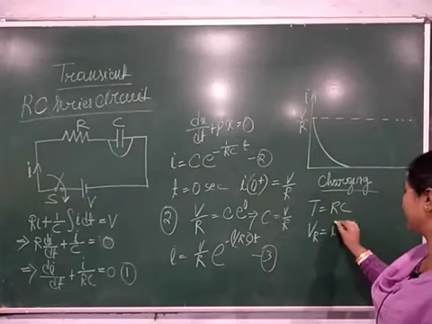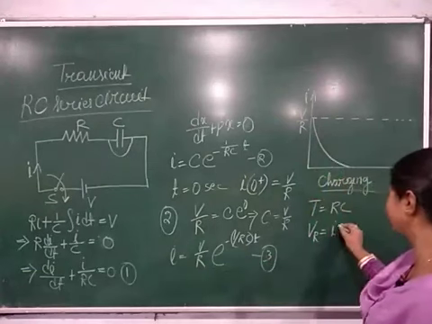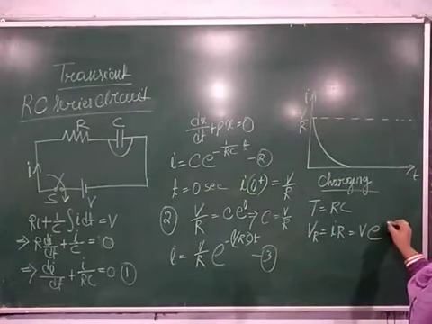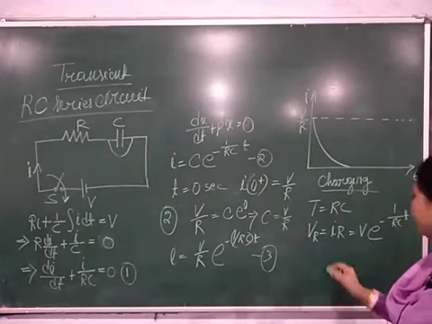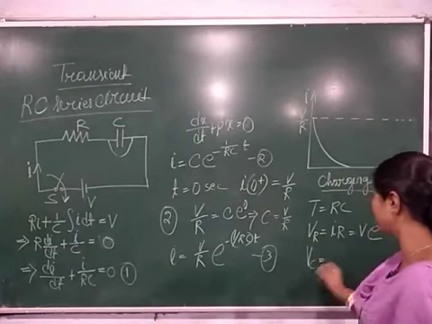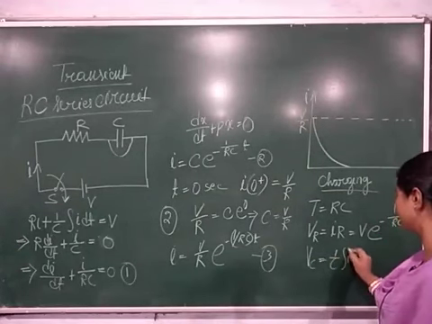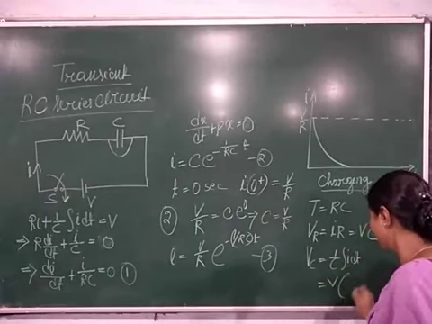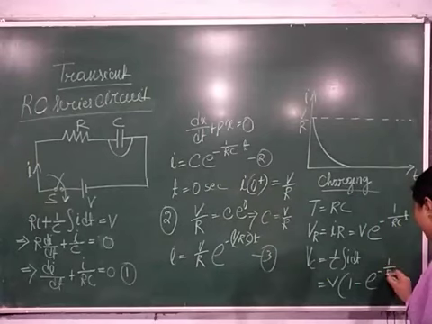It is i into resistance R, which gives V e to the power minus 1 by RC into t. And how much voltage is developed across the capacitor? That is 1 by C integration i dt, which gives the result V into 1 minus e to the power minus 1 by RC into t.